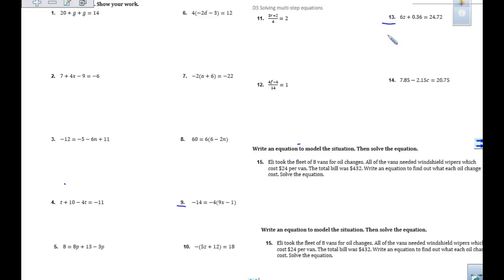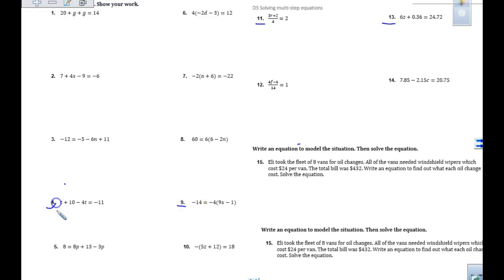We kind of started that one in class, and 14 is very similar. 11 and 12, we only started 11, right? So we'll finish off 11. We'll finish 13 that we started yesterday in class. We'll look at number 9, and 14 is going to be the same as 13. So I'll look at one of those.